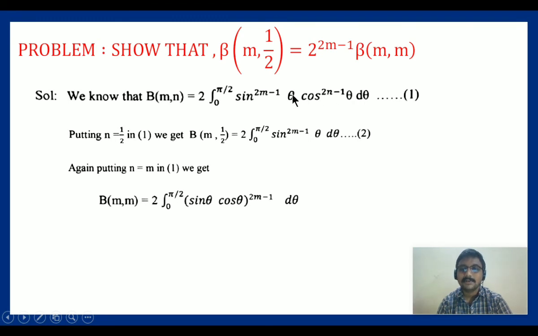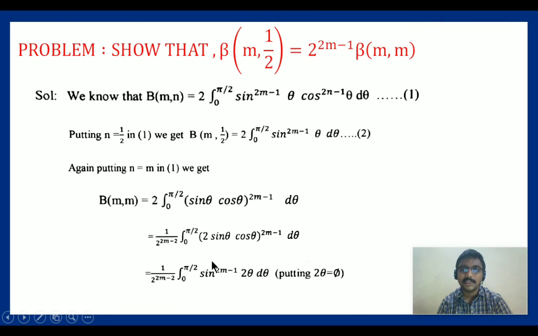Since both terms have the same power, we can write sine theta cos theta whole power 2m minus 1. Now multiplying and dividing with 2, and using 2 sine theta cos theta is sine 2 theta, we get sine 2 theta whole power 2m minus 1, that is sine power 2m minus 1 of 2 theta d theta.